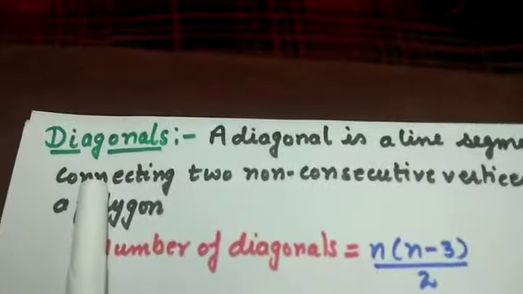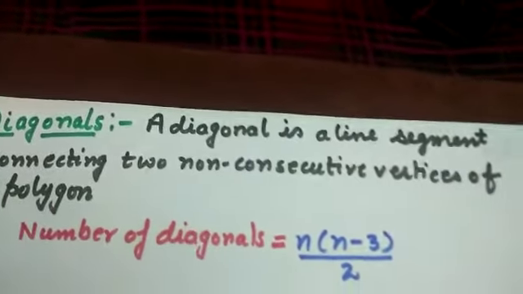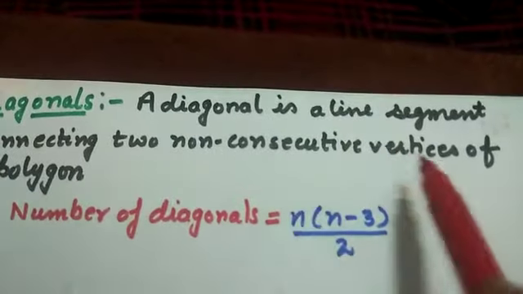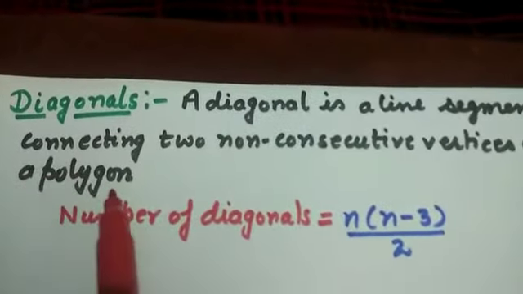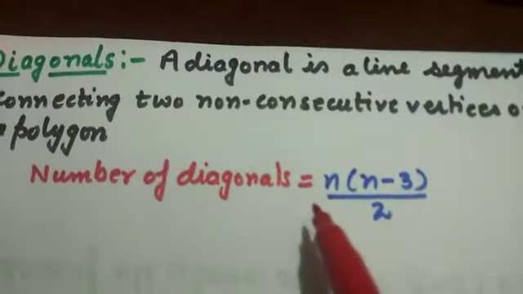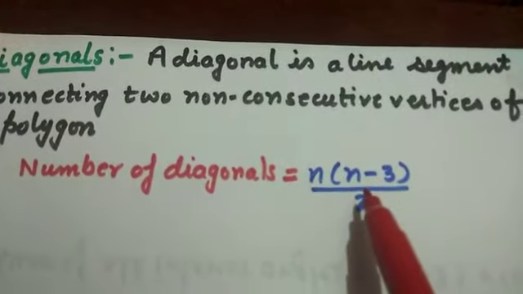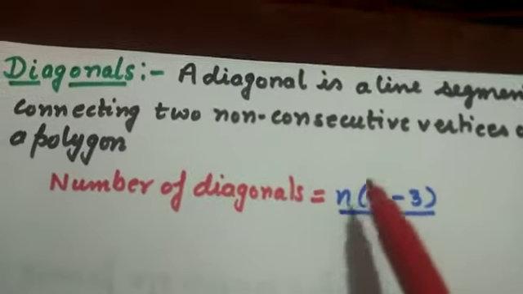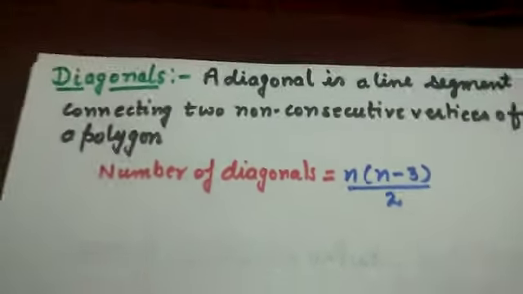Now our next topic is diagonals. A diagonal is a line segment connecting any two non-consecutive vertices of a polygon. Number of diagonals is n into n minus 3 divided by 2. This is the formula to find out the diagonals.